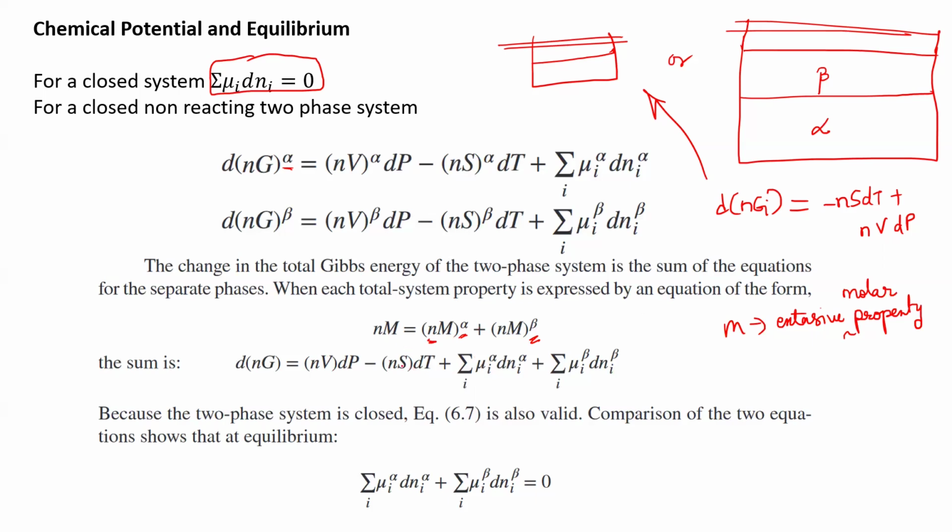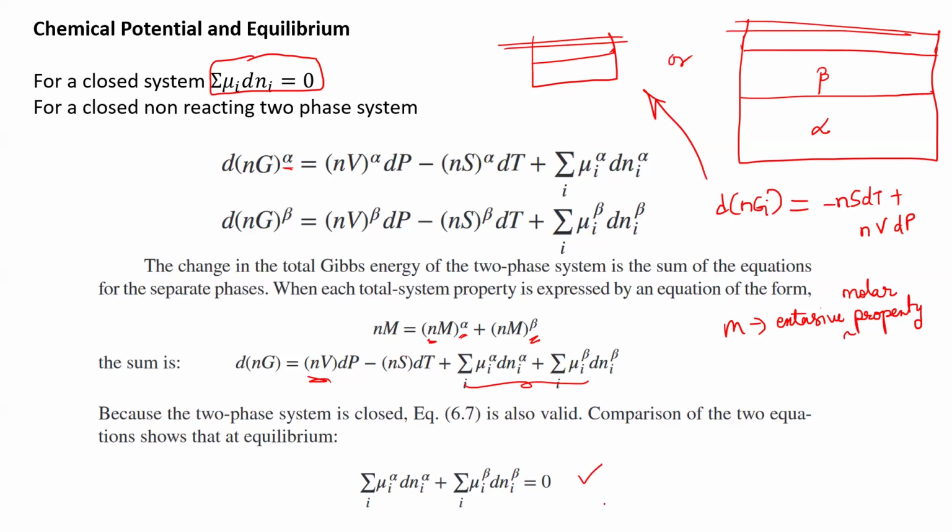As we know, for the whole system, this summation is 0.